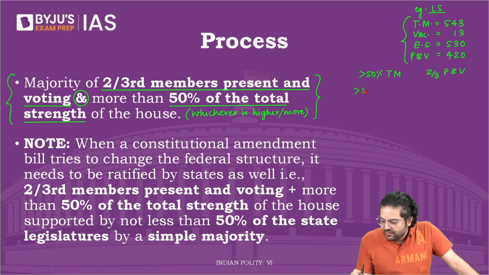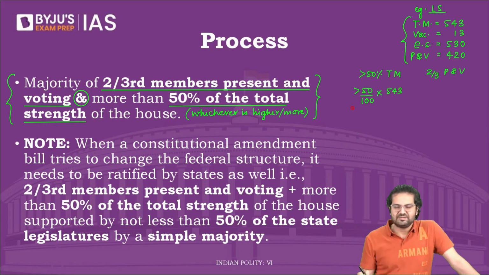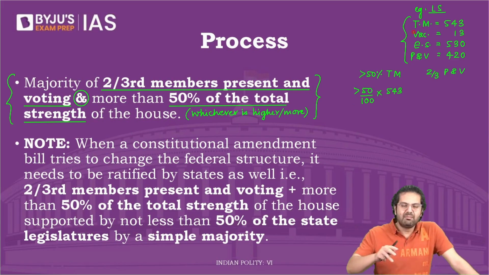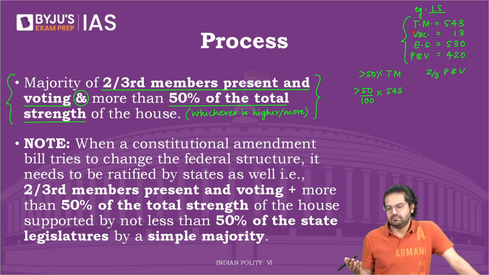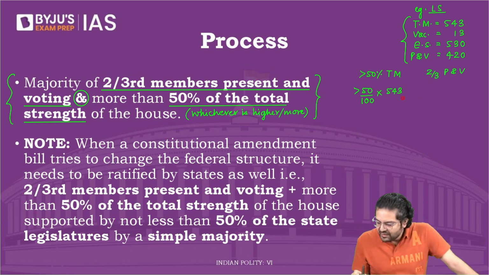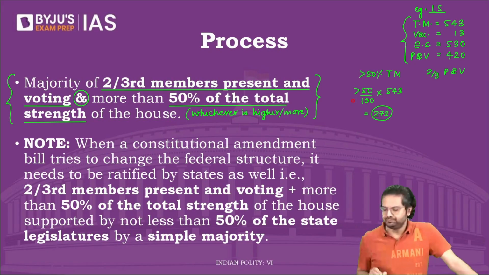More than 50/100 into TM, 543. Actually, if you observe, this number is fixed because total membership is fixed. Yes or no? Total membership is actually fixed. Now, this we had calculated earlier also. This comes to 272. You can calculate it. You'll find out 272.